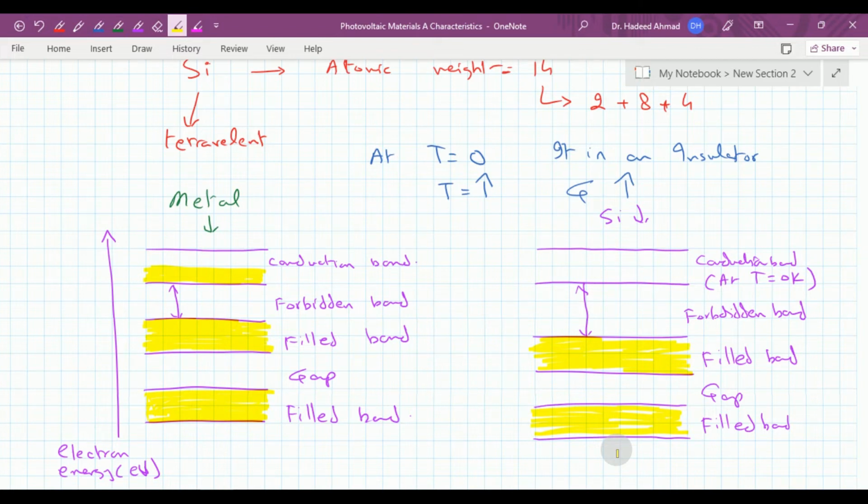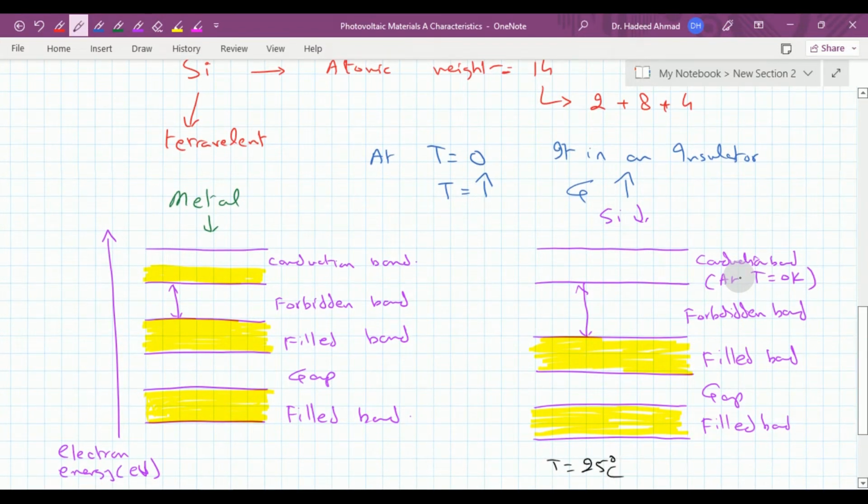So if we increase this temperature a little bit and try to quantify this, even at T equal to 25 degrees centigrade, 1 out of 10 raised to the power 10 electrons in silicon actually exist in this conduction band.